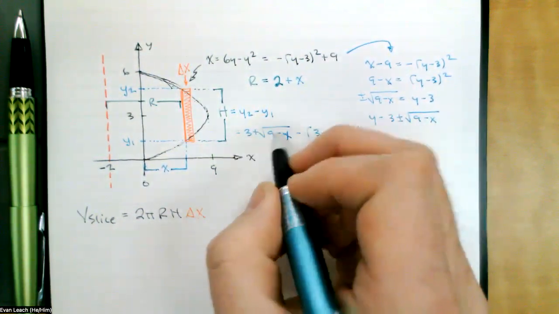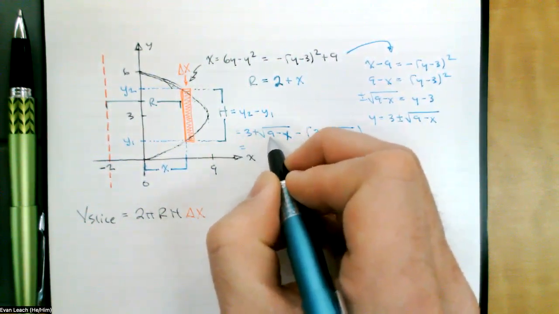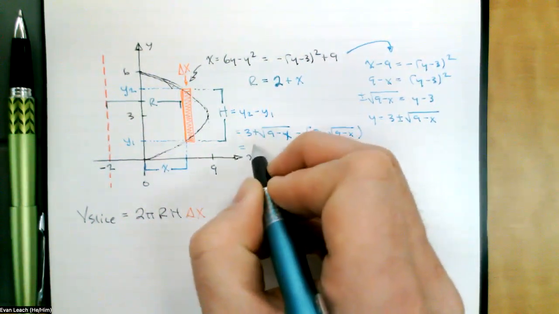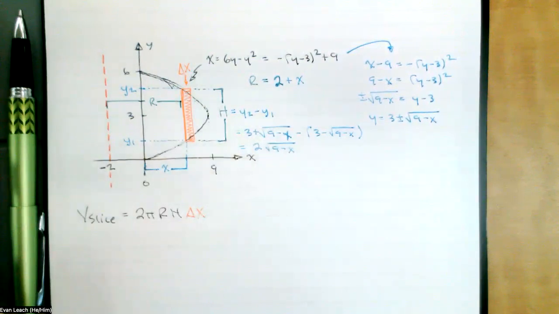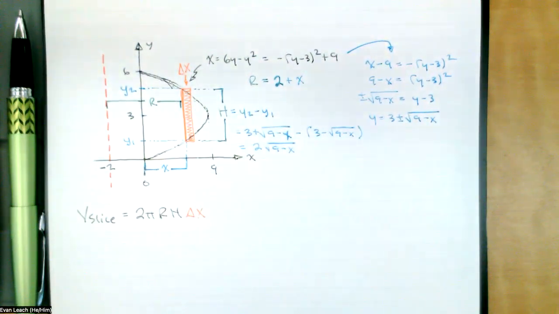So we can see that the 3's cancel, and our height is the square root of 9 minus x minus a minus square root of 9 minus x, 2 square roots of 9 minus x. This is the complication that we had to deal with in this particular situation.